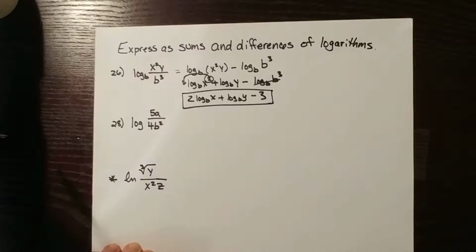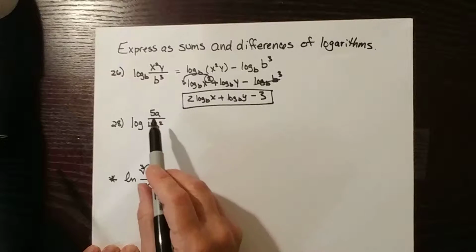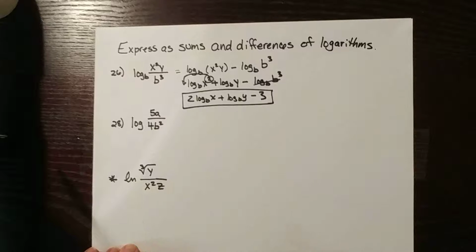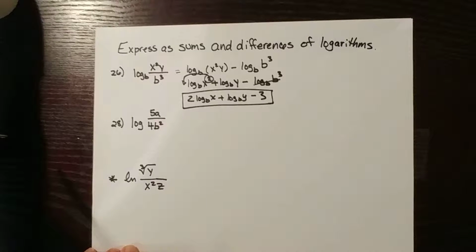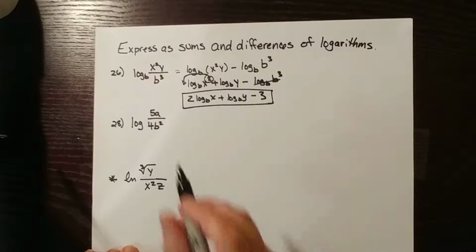Let's look at 28. We're going to do the same thing. The first thing we should do is unpack the numerator and the denominator. Now, I did not see a base written there, and that means that the base is 10. When they don't write log base something, it's missing, we understand that to be a 10. And I said it is fine with me if you write the 10 in, no problem.